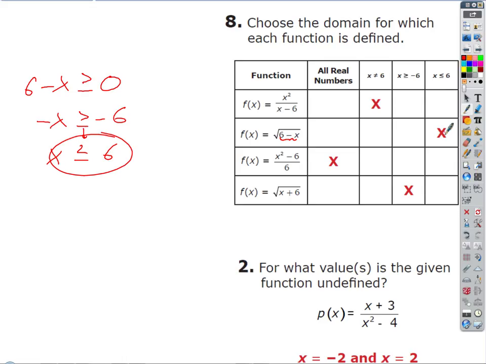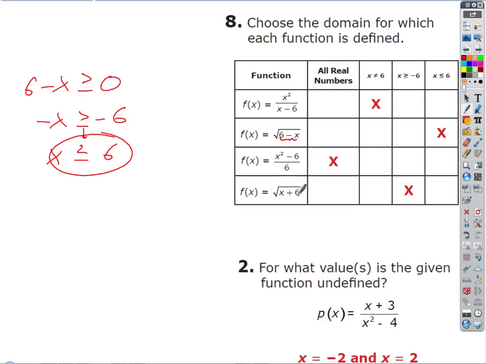Right? How about this one? Well, that one's actually okay, isn't it? It's okay because there are no square roots with x's under them, and there's no x on the bottom. So the bottom could never be 0. It's 6 all the time. So that one would be true for all real numbers. And finally, this one down here, we'd do the same kind of thing we did in the second one.